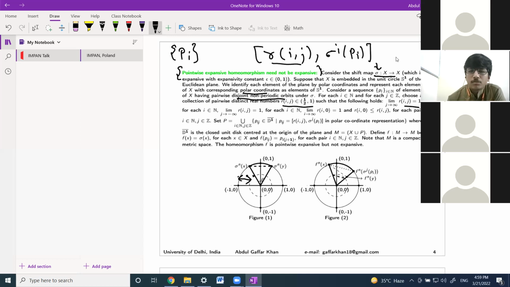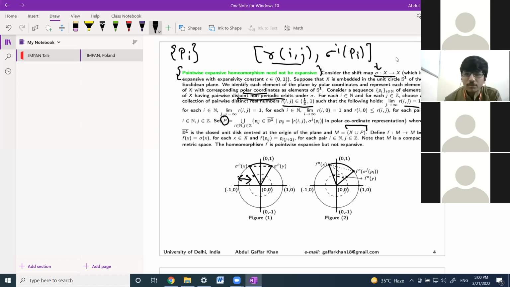So this element will represent another coordinate, and the collection of all such points is denoted by P. Let's observe that if we take the shift space union with this space, and extend the homeomorphism in the most natural way, so that p_ij goes to p_i(j+1), then this homeomorphism will be pointwise expansive but not expansive.